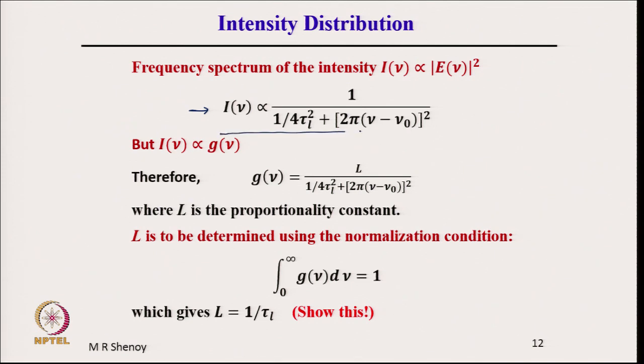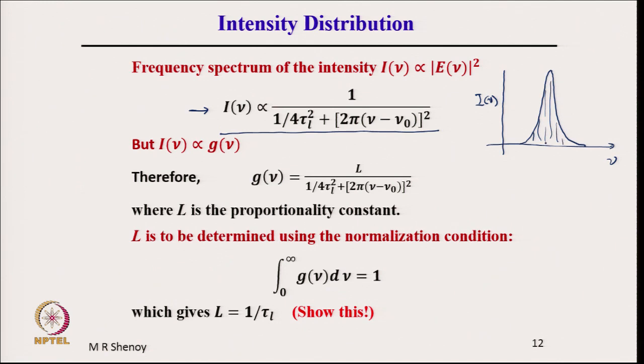I nu is proportional. What is I nu? Intensity spectrum. You remember we had plotted this I of lambda or I of nu for any source or any transition. This intensity distribution tells us the strength of interaction at different frequencies.